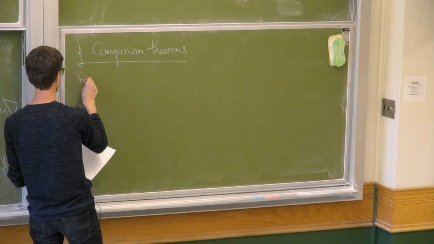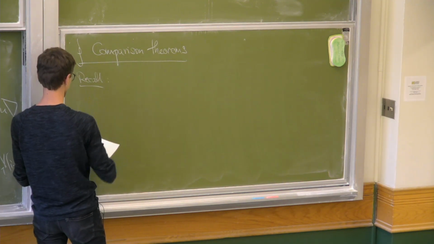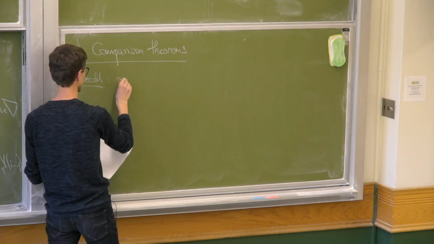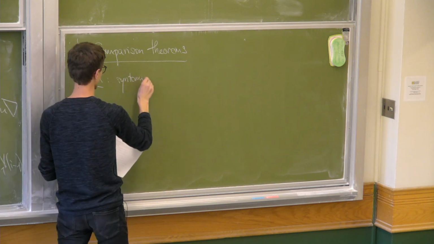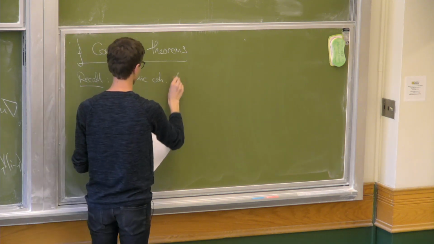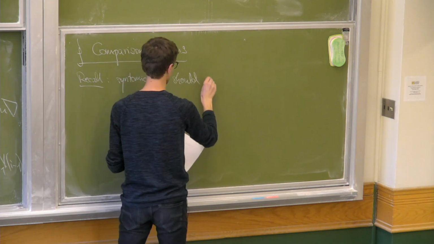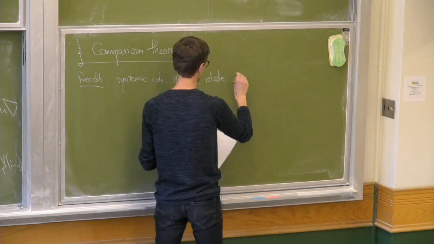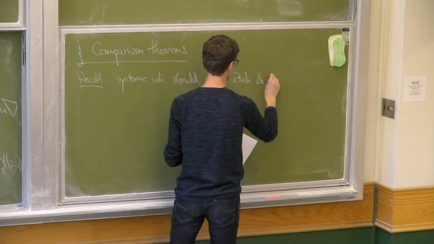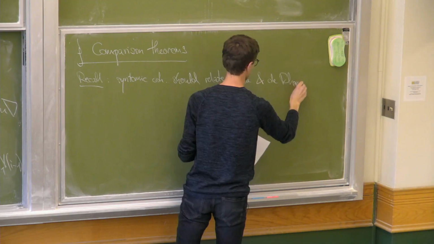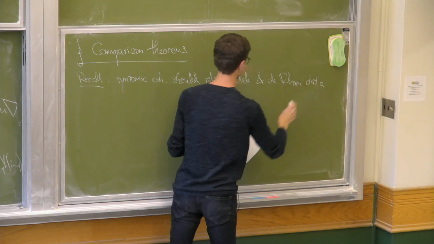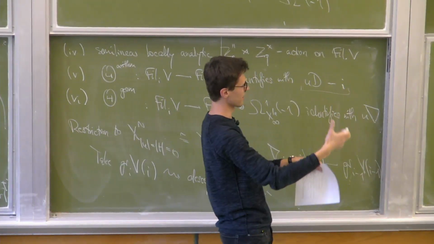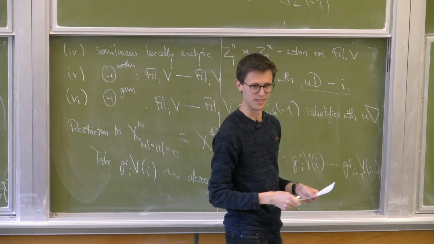And for this, recall that I said in the beginning that syntomic cohomology should relate étale and de Rham data. So in particular, there should be some comparison to étale cohomology or pro-étale cohomology, and some comparison to invariants that are de Rham in one sense or the other.